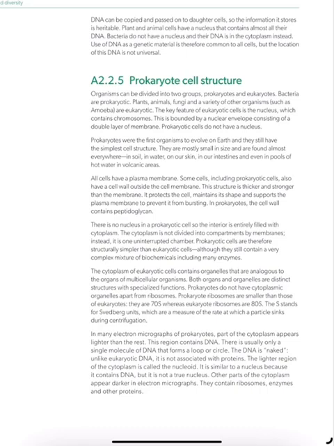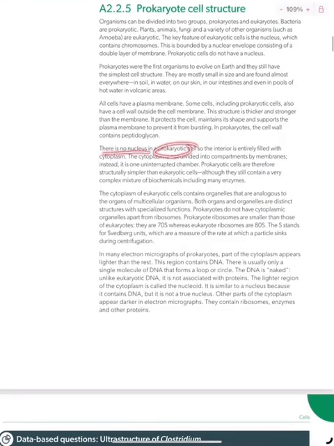So we said that all cells have a plasma membrane, and some cells, including prokaryotic cells, also have a cell wall. Prokaryotic cells don't have a nucleus, so the interior is entirely filled with cytoplasm. The cytoplasm is not divided into compartments by membranes; instead it's one uninterrupted chamber.